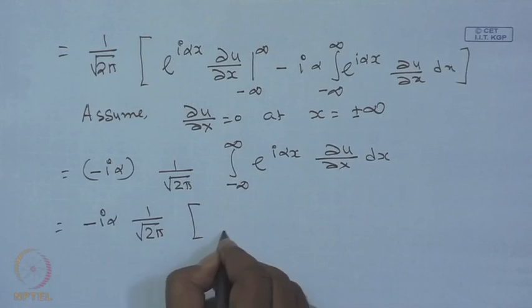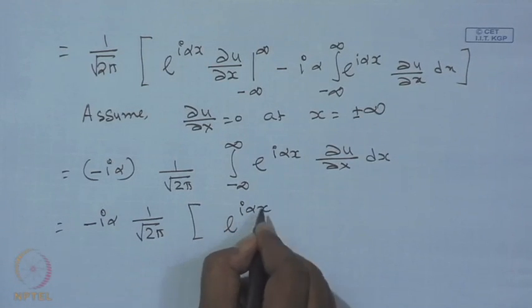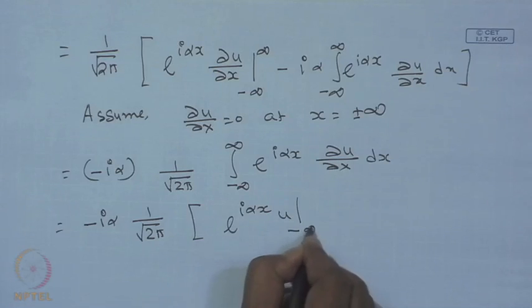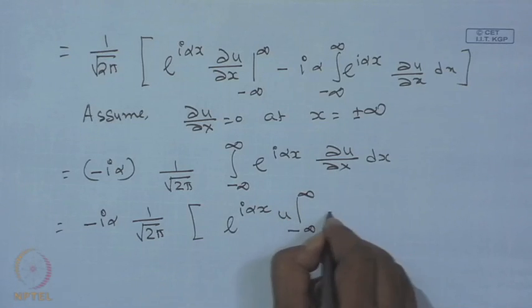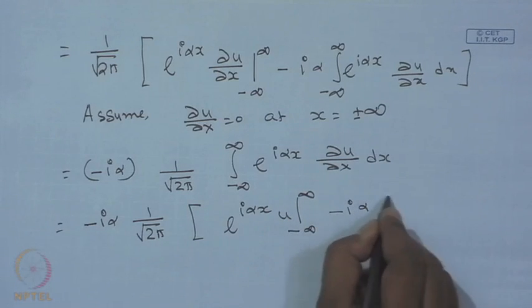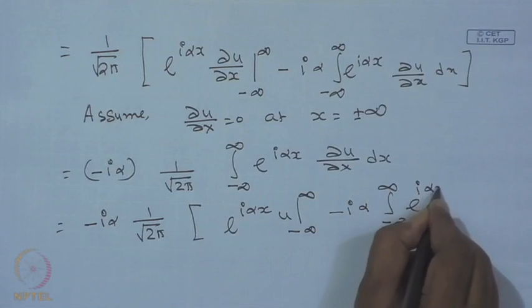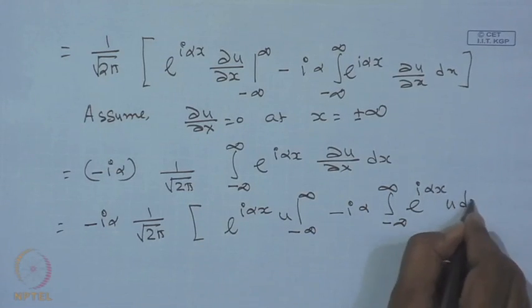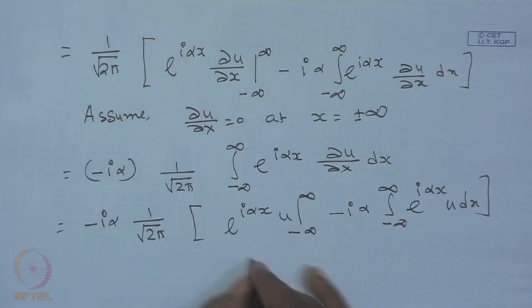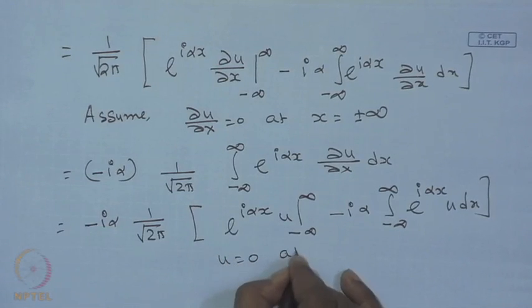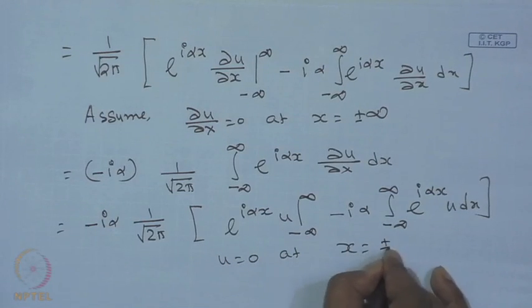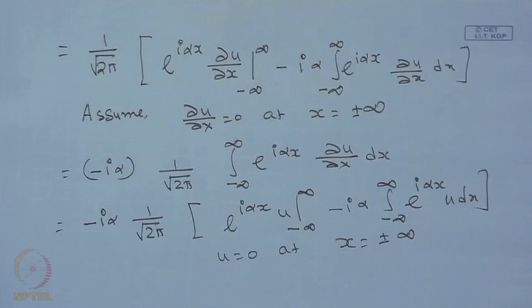This becomes e to the power I alpha x u from minus infinity to plus infinity, minus I alpha times the integral from minus infinity to plus infinity of e to the power I alpha x u dx, and u is equal to 0 at x equal to plus minus infinity.